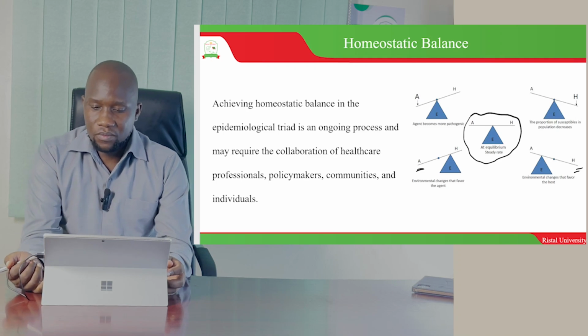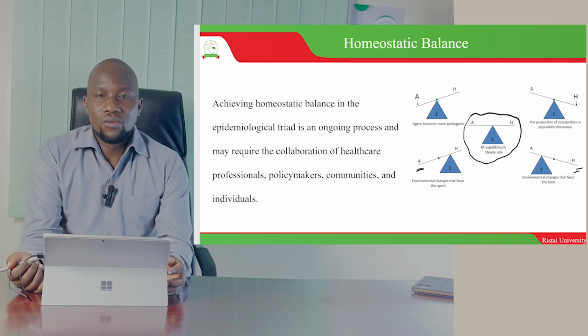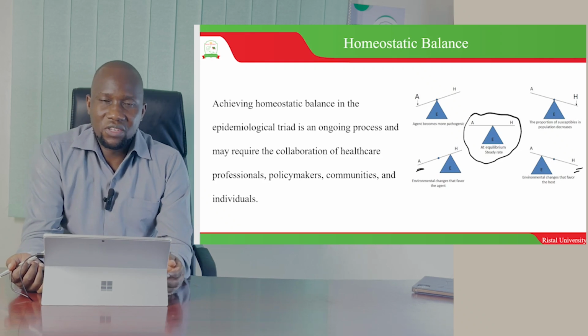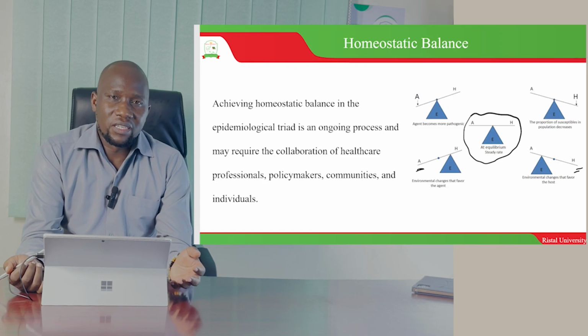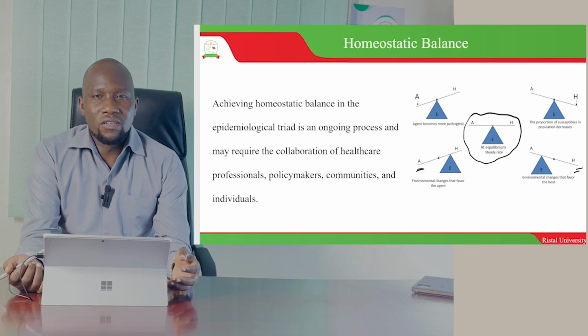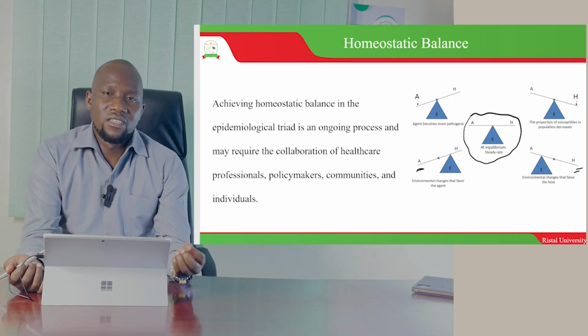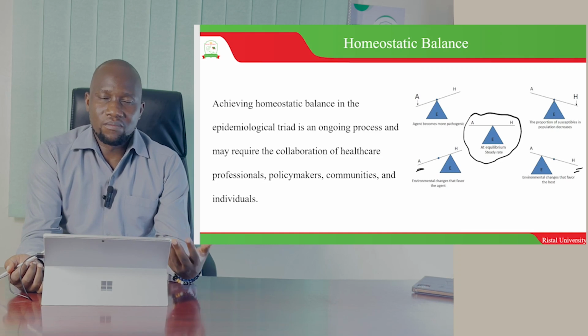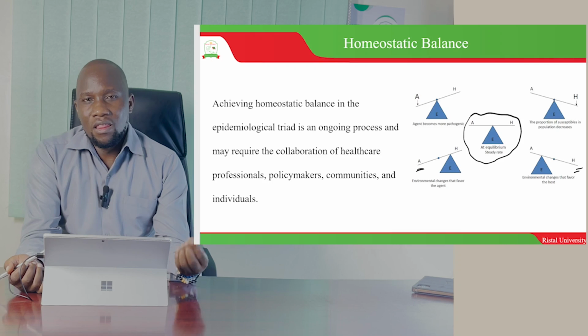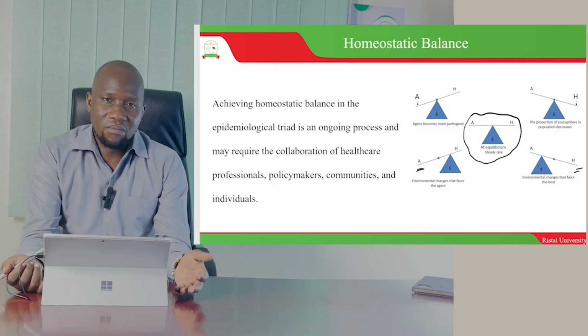Okay, so that's why we have, for example, peaks in malaria. When we have a lot of rains, then we are going to have a lot of malaria cases. But when it is relatively dry season, then you're going to have fewer malaria cases.